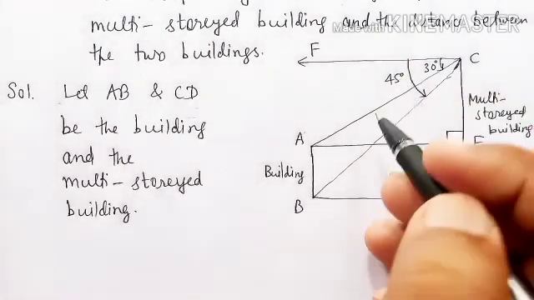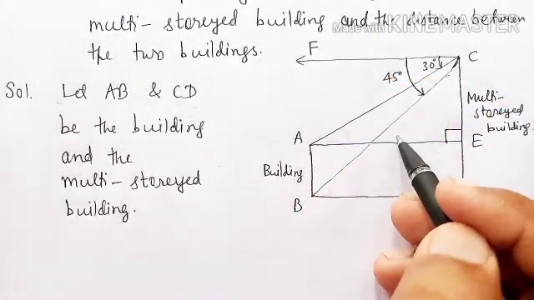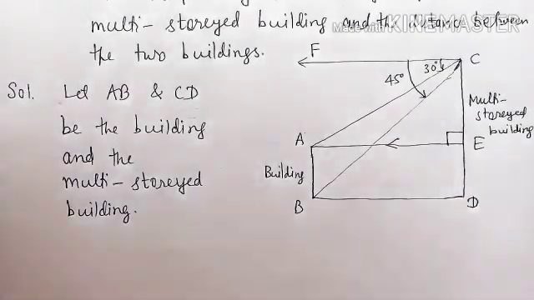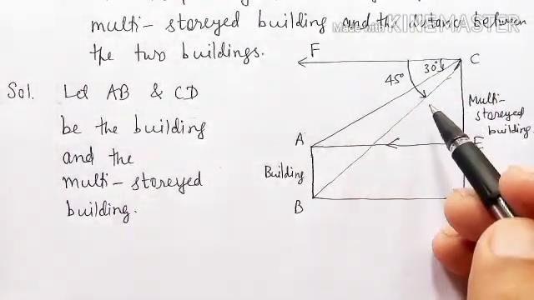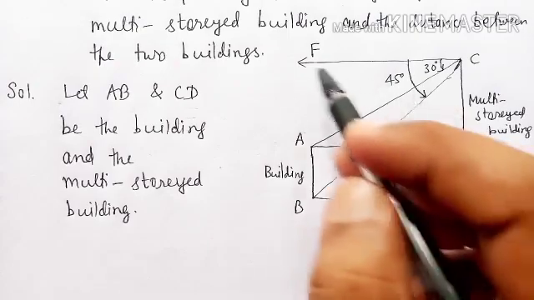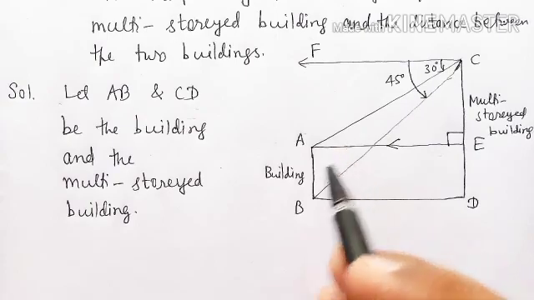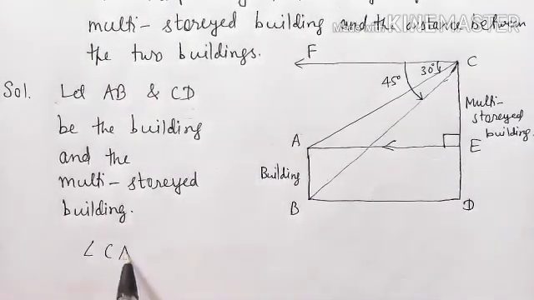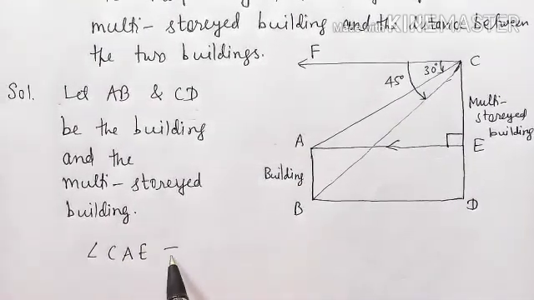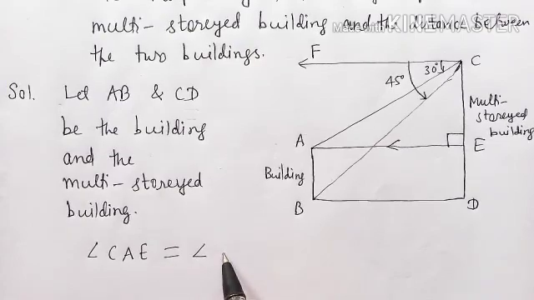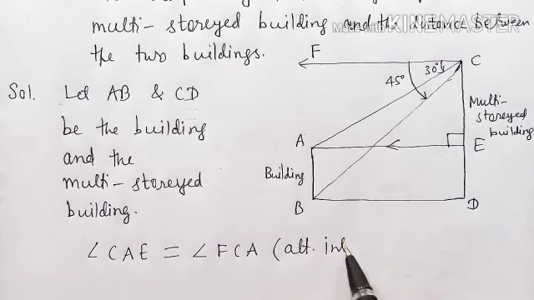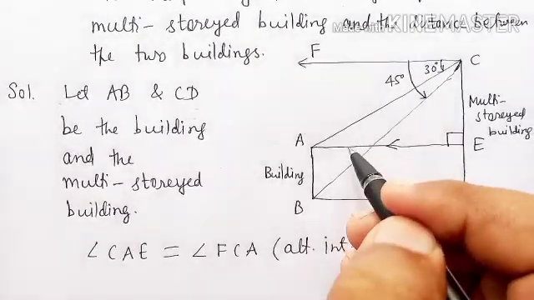Then we see that FC is parallel to AE. Now see, FC is parallel to AE and CA is transversal. So angle CAE is equal to angle FCA, alternate interior angles. This is 30 degree.